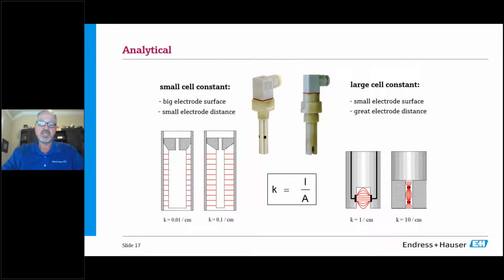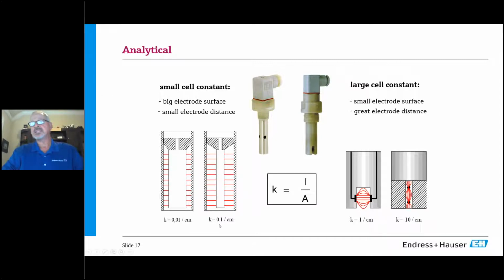If you look at these cells, they have a large surface area here, but a very slight distance between the outside and inside surface area in the 0.01 cell constant. So that's designed to measure very ultra pure water down to less than half a micromole.